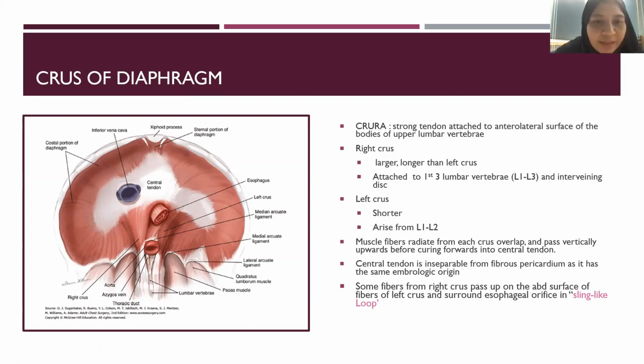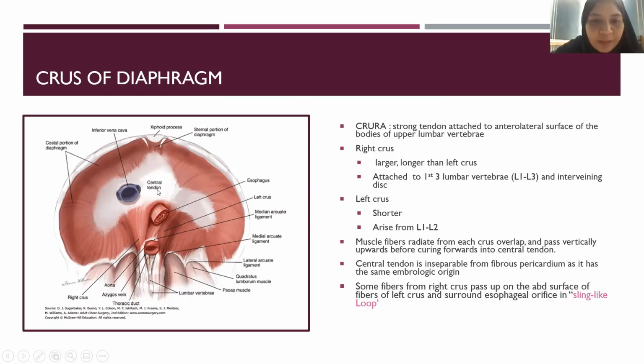As you can see here, the central tendon. The central tendon is inseparable from the fibrous pericardium if you see this from the superior, because they share the same embryological origin.